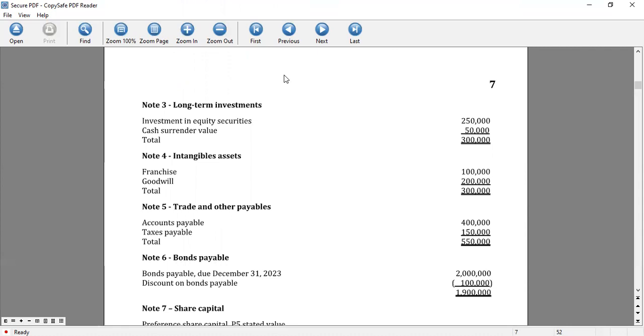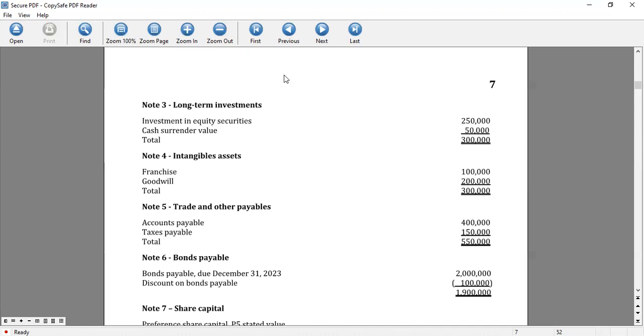So we have now your long-term liabilities. Bonds payable due December 31, 2023 for 2 million, discount on bonds payable of 100,000, which was included here among your intangible assets.